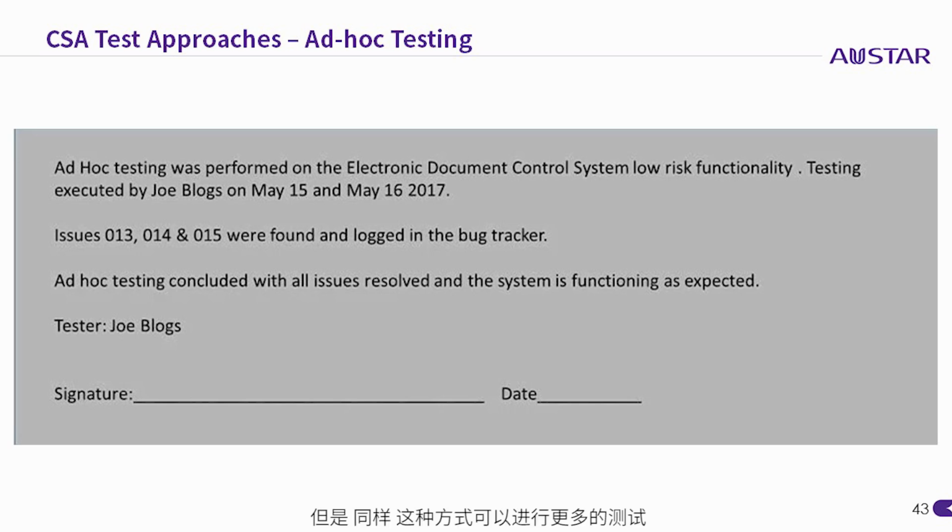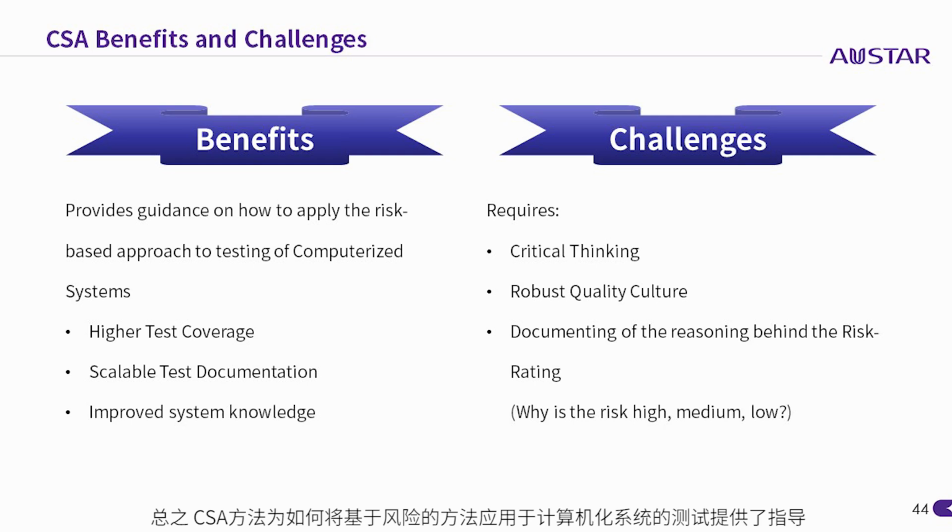In summary, the CSA approach provides guidance on how to apply the risk-based approach to testing of computerized systems. This should lead to higher test coverage, scalable test documentation, and improved system knowledge. Ultimately, this will lead to high-quality systems with a reduced documentation burden.